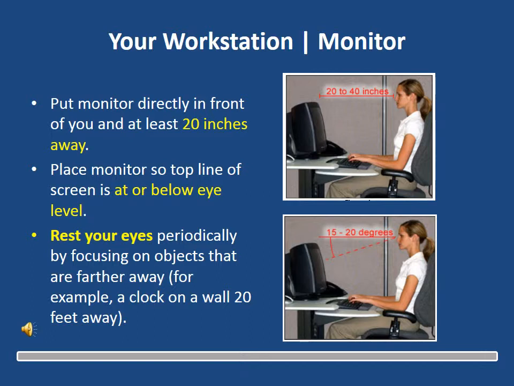This puts your eye to computer at an optimal position as well as the positioning of the neck. It is also recommended to periodically rest your eyes by looking at an object farther away, for example, looking at a clock or out the window at least 20 feet away.